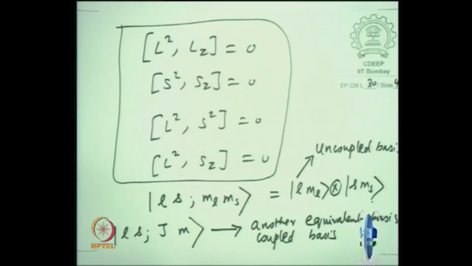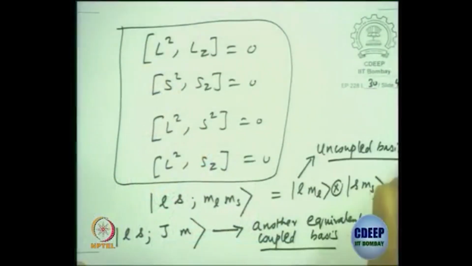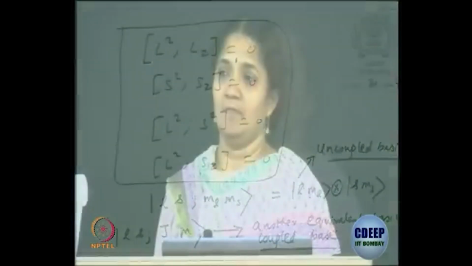You cannot have an individual identity of what is the magnetic quantum number corresponding to Ml and what is the magnetic quantum number corresponding to Ms. Suppose I say M is some value, it can be made of all possible things. So that is why it is called a coupled basis, and the other one is called an uncoupled basis. As long as you are in a system, especially in your experimental system, if there is no interaction, like an L dot S term.